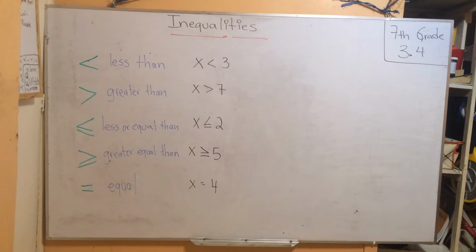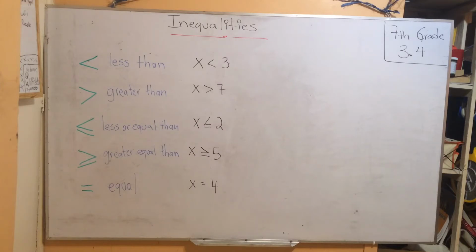Now with inequalities, it's a little bit different. We are not looking for one value of x, we are looking for several values of x that are going to make our equation true. When we are talking about inequalities, we have different symbols.